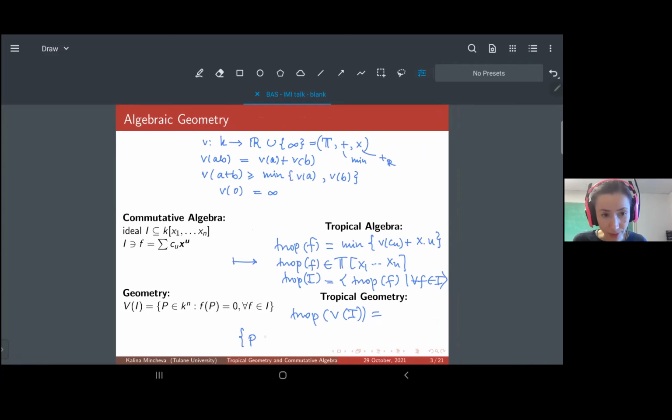By cancellative here, I mean if AB equals CB, then either B is 0 or A is equal to C. By irreducible, I mean if P is equal to the intersection of two things, A and B, then P is A or P is B. At least intuitively, this matches some primeness conditions that we hope to have from commutative algebra.